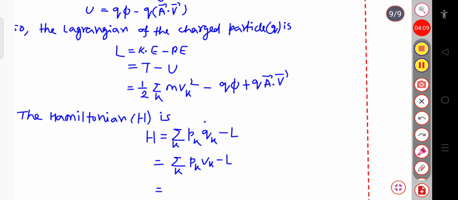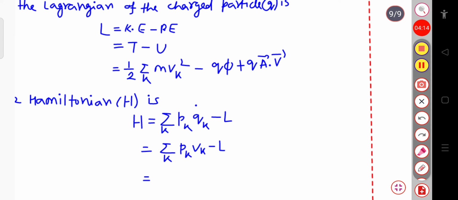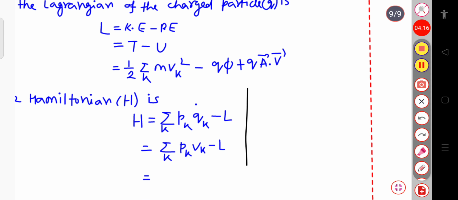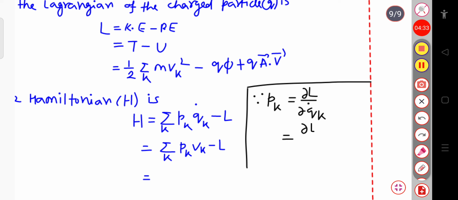From this expression we have already calculated the Lagrangian of the system. Since Pk, the generalized momentum, is equal to dou L divided by dou Qk dot, that is dou L by dou Vk, and in this Lagrangian only the kinetic energy contains the term Vk.